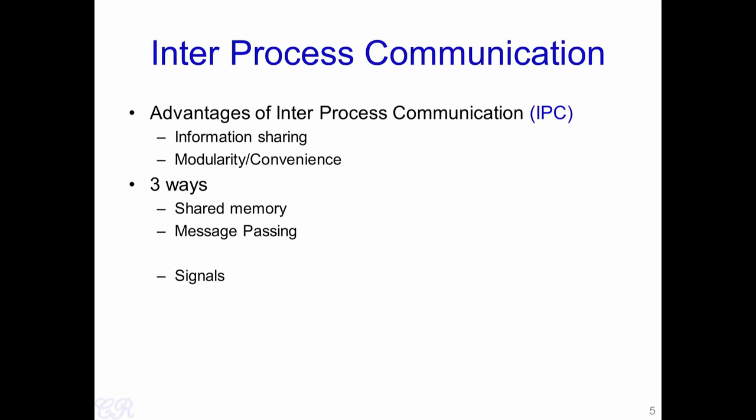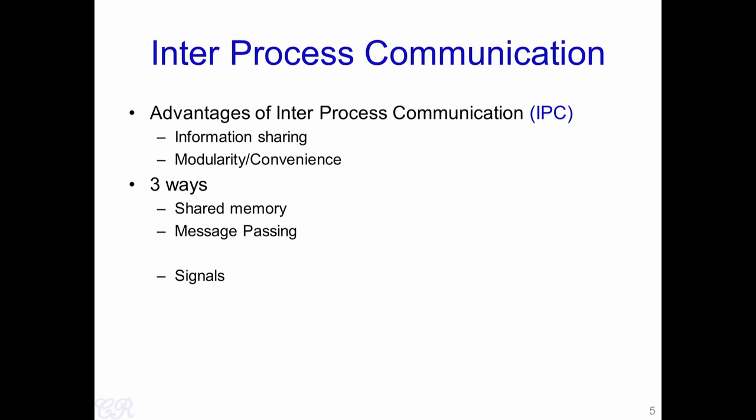So, these parameters could be sent to a third process which then actuates some external device. For instance, it could open a valve or close a valve or adjust the temperature of the room and so on. Thus, we see we are able to achieve a modular structure in our application. Each process's job is to only focus on a single aspect. The communication between the processes is achieved by inter-process communication.